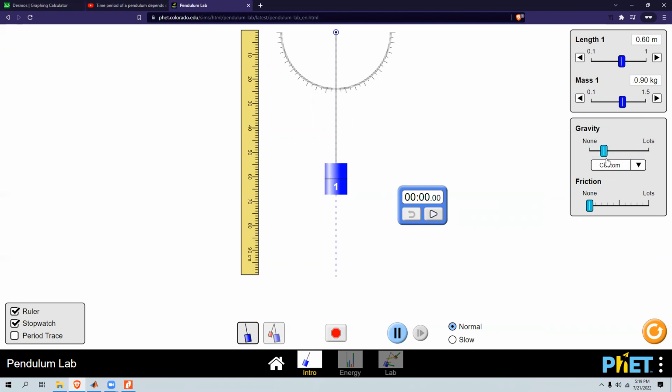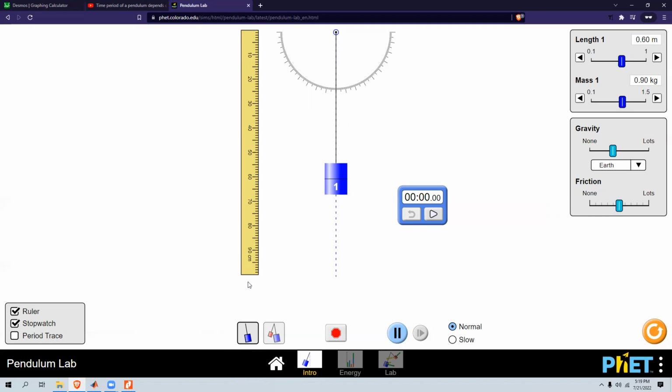For example, I can drag it, but there are also set values for Moon, Earth, Jupiter, some planet X that's unknown, but we just use Earth. Lastly, we use the friction slider to simulate the effect of friction on our pendulum. For this experiment, our friction slider will be set to 5.